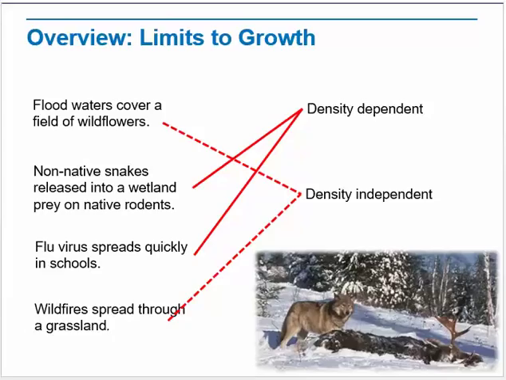That might be a little bit confusing, but viruses go under density dependent limiting factors. Wildfires spread through a grassland. Wildfires are not alive, they're abiotic. So wildfires that spread through a grassland would be a density independent limiting factor.